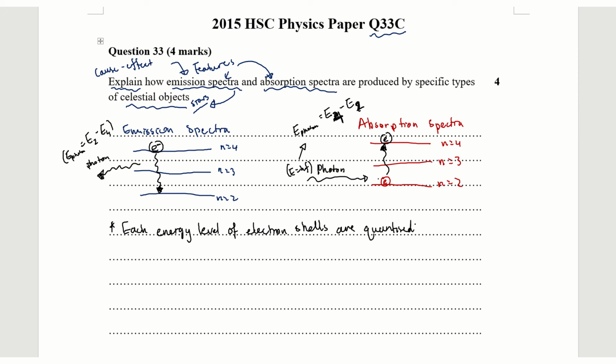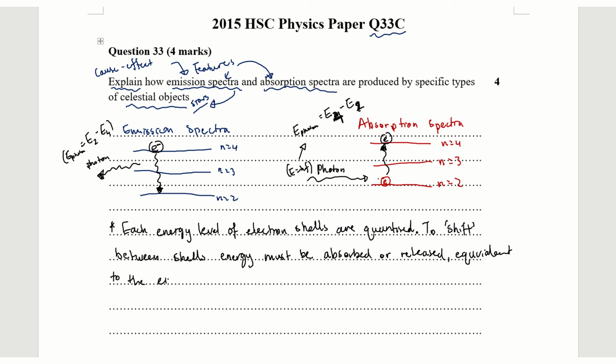What that essentially means is to shift between shells, energy must be absorbed or released, and the key point is equivalence. So it needs to be equivalent. Hopefully I spelled that right, but doesn't matter. Equivalent to the energy gap the electron moves to.